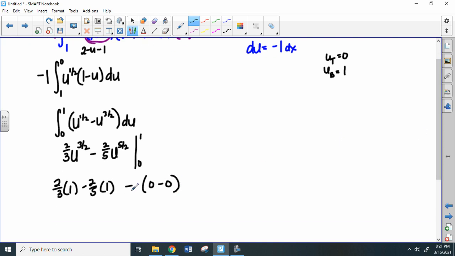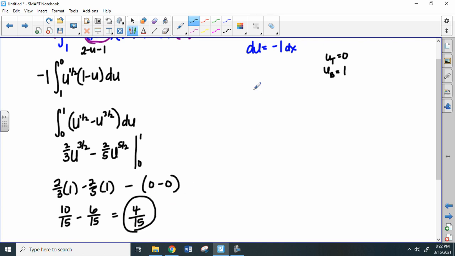So all I have to do is figure out what is 2/3 minus 2/5. I'm going to get a common denominator of 15. This becomes 10. This becomes 6. And I get 4/15.